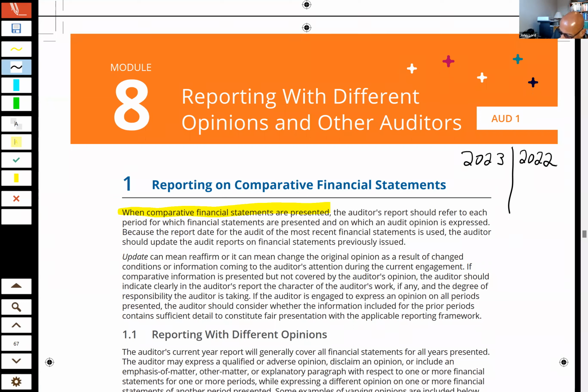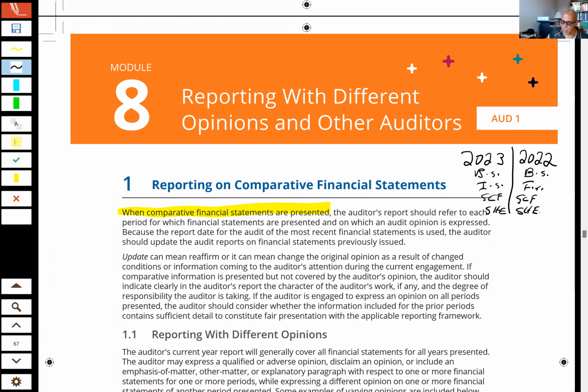So there'll be the balance sheet for both years, income statement for both years, statement of cash flows for both years, statement of stockholders' equity for both years.